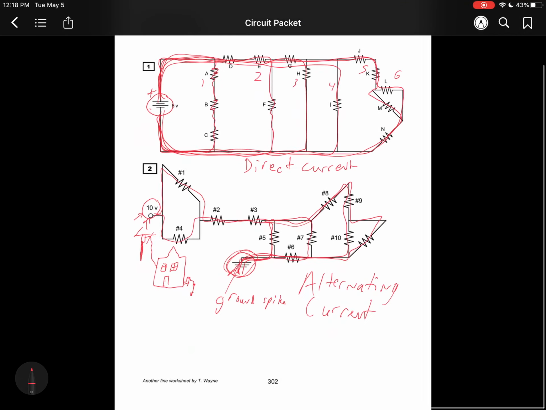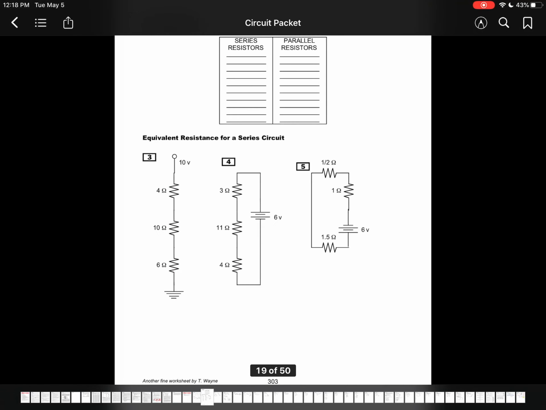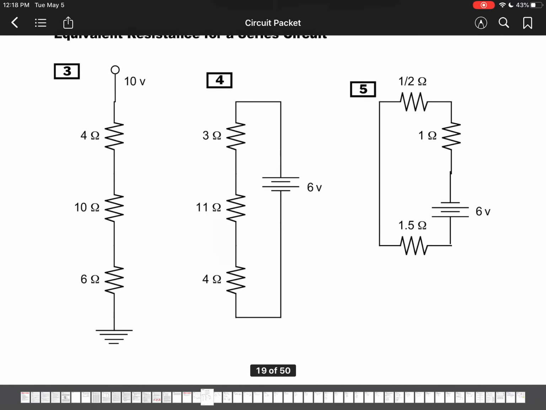All right. So lots of different parallel paths to the ground. Question is, how do we figure out how hard those paths are for the electrons to follow? So there's a thing called equivalent resistance. Let's work a few of these problems together.